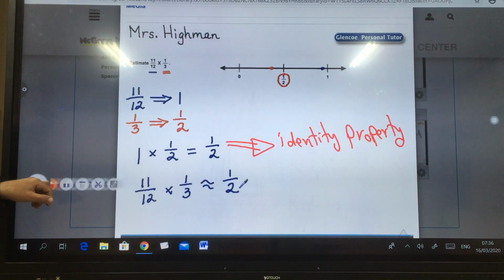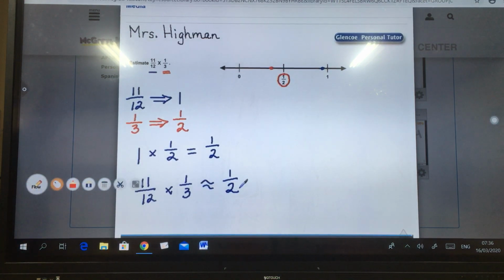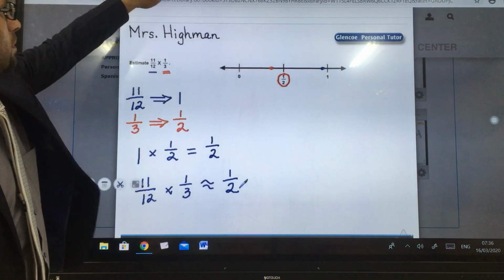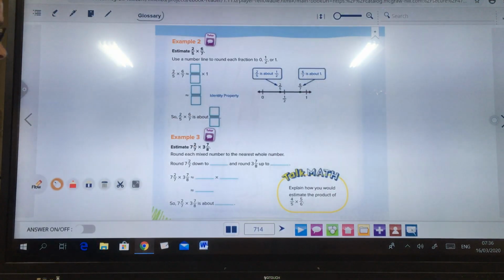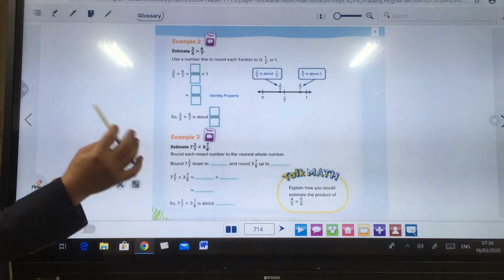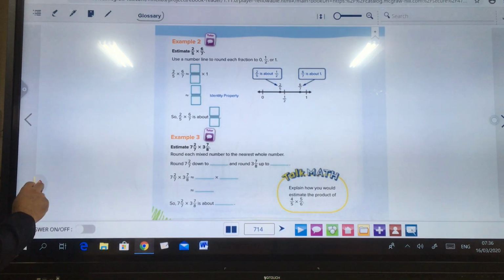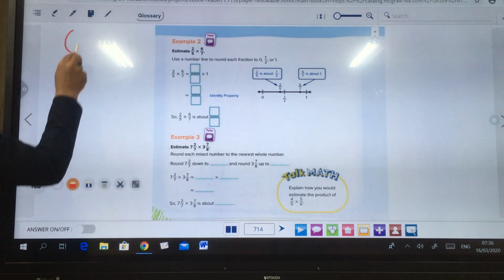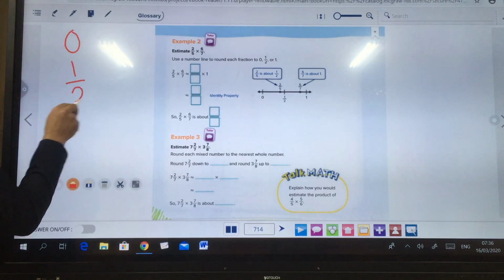And now, look at page number 714. It's example number 2. As we learned now, to estimate fractions you have to round each fraction to 0, 1/2, or 1.